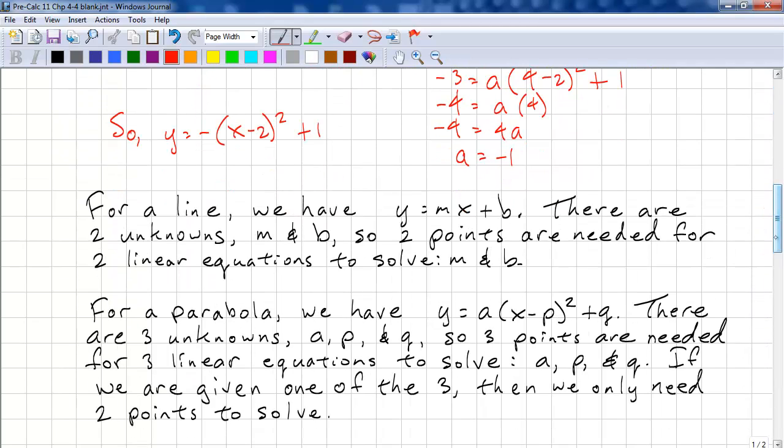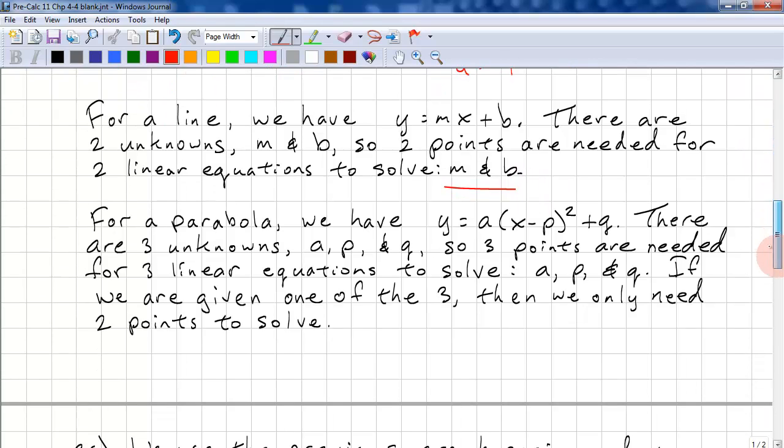Now, when we're working on lines, we have y is equal to mx plus b. And there are two unknowns, m and b. So we need 2 points for 2 linear equations to solve m and b. And the other way to solve it is we look for the intercept and calculate the slope. But that's 2 equations. So that's how we solve for m and b.